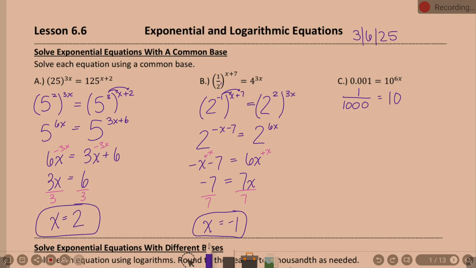I probably should have asked, does anyone see the connection from the beginning? But there is a connection here. We can use the idea of our gold paper. Is there a base we're going to be able to get these to both have?